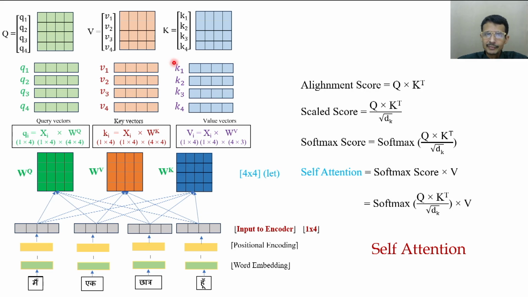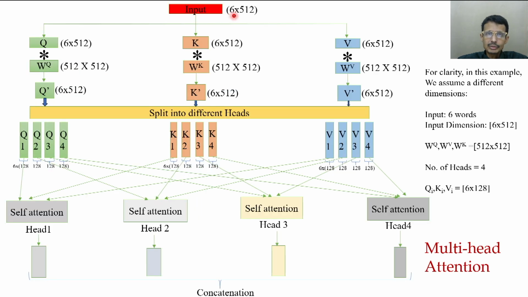Now here also this input is now 6 words and each word has 512 dimensions. So the input embedding plus positional encoding: one word is 512 dimensions, and such 6 words are there.